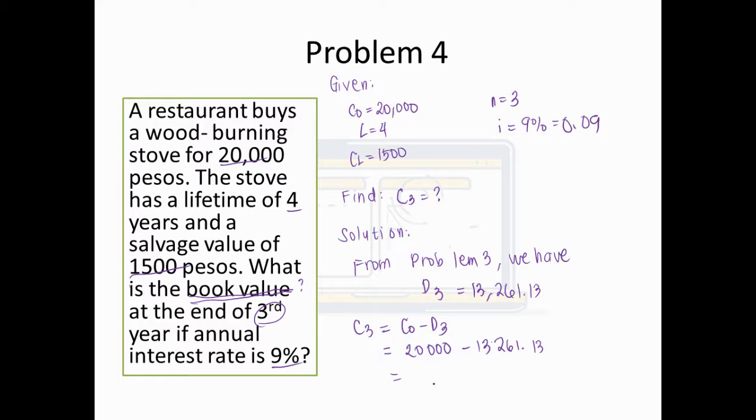The remaining value will just be 6,738 pesos and 87 centavos. So the book value of the same stove at the end of third year will just be 6,738 pesos and 87 centavos.